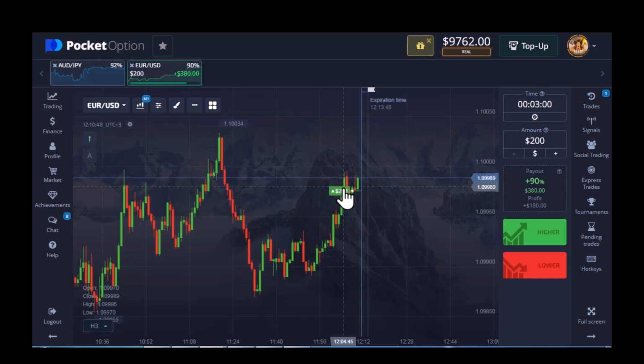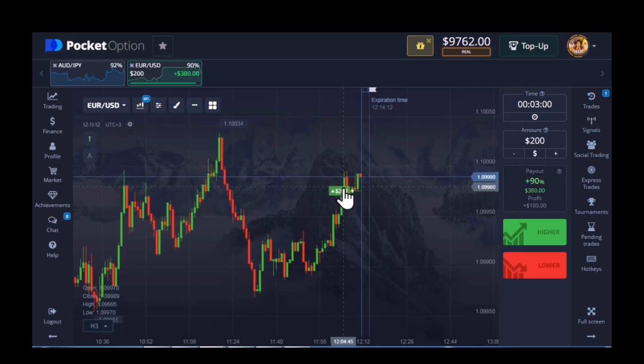For those who don't know what it is, multi-frame analysis is a technical analysis method that involves studying the chart of the same asset on several time frames, and I will do another video about it. If you use this type of analysis, you will understand which currency pair should be traded and which one should not even be touched.